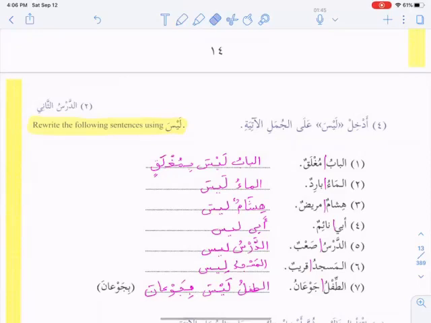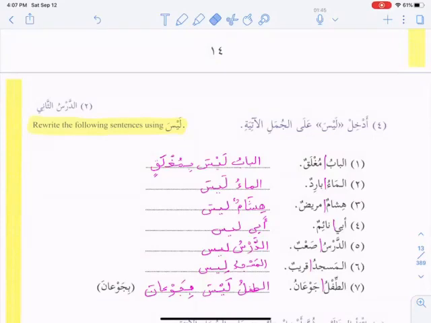Try to do it, my brother and sister, properly. Al babu muglakun. Al babu laysa bi muglakin. Not difficult. You just have to write it. Don't worry about analyzing it. It will take too much of your time. It may confuse you. Just, if you can translate, inshallah.